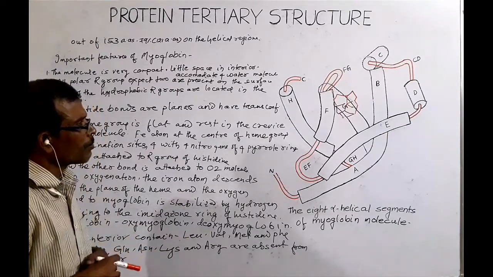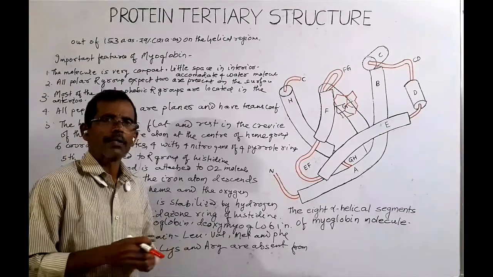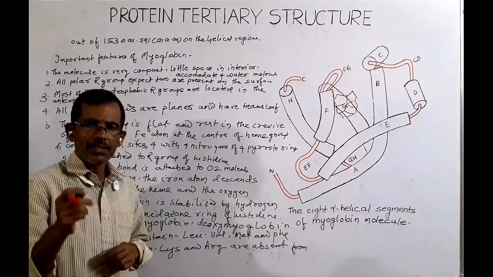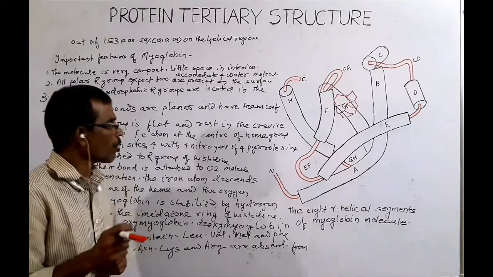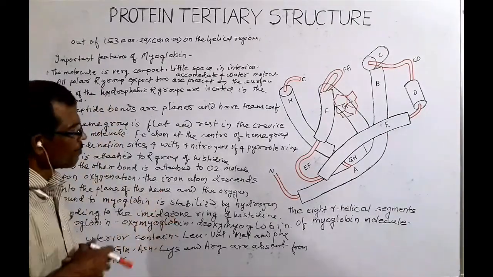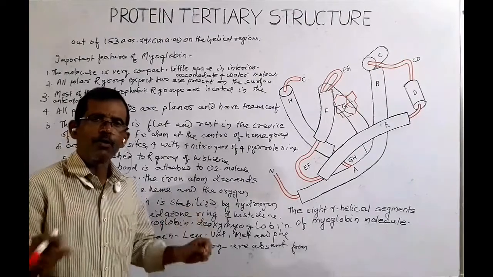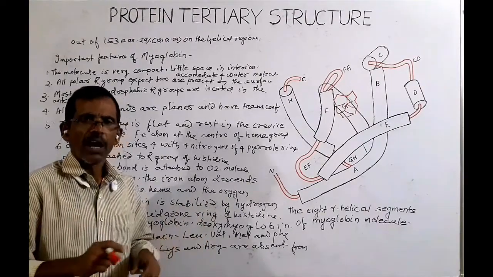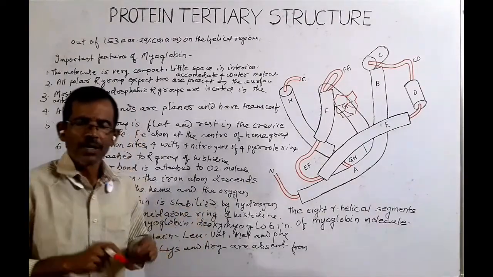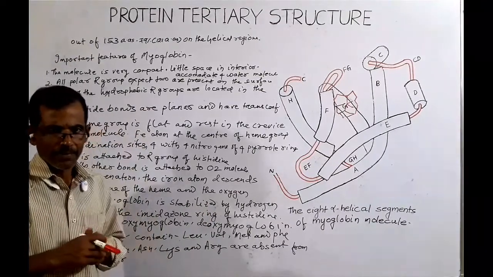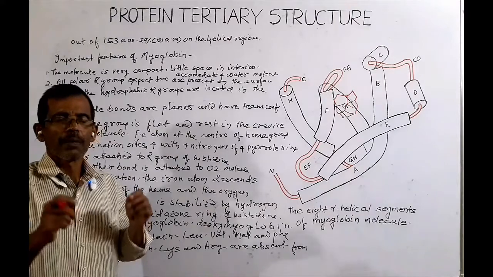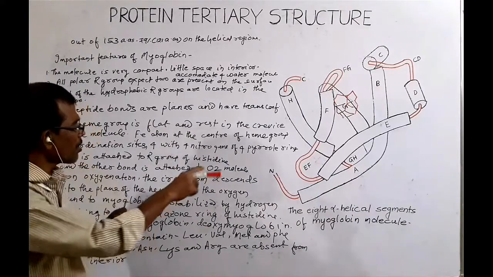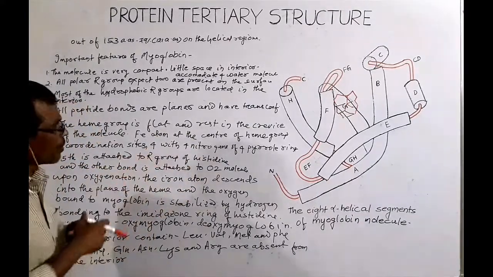The myoglobin molecule is very compact. There is so little space in the interior that it cannot accommodate even 4 molecules of water.